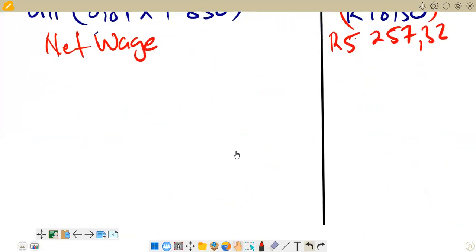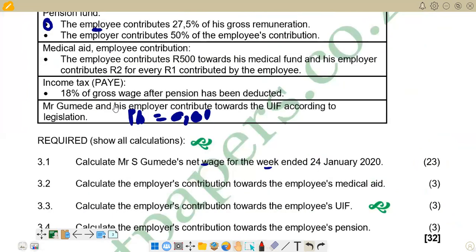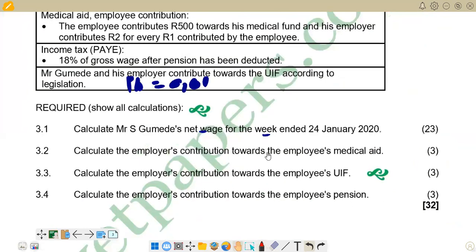Then now, having found our net wage, I will now go to the next question and see what we have on the next question. Next question is saying calculate the employer's contribution towards the employee's medical aid. Now we are on the employer part, the employer, not the employee.